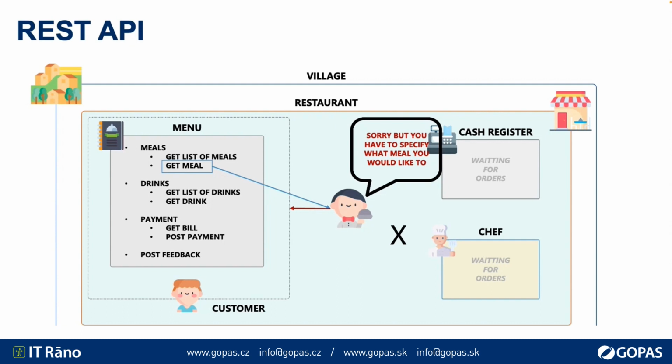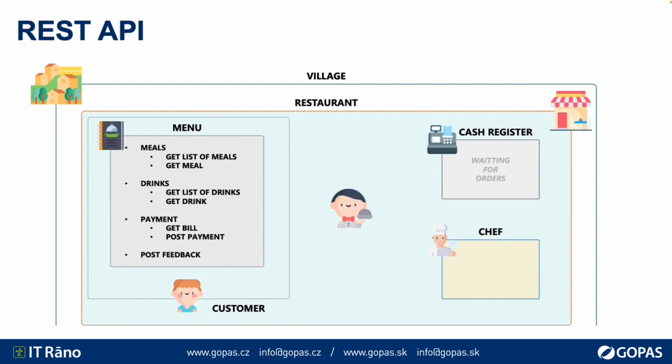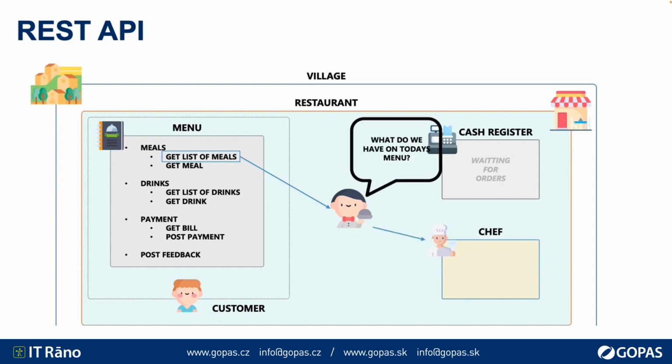So let me try it once again. For now, don't ask to get a meal, but to get a list of meals. API, can you get me a list of meals? Yeah, of course. And he will run to a chef and ask what they have on the menu for today.